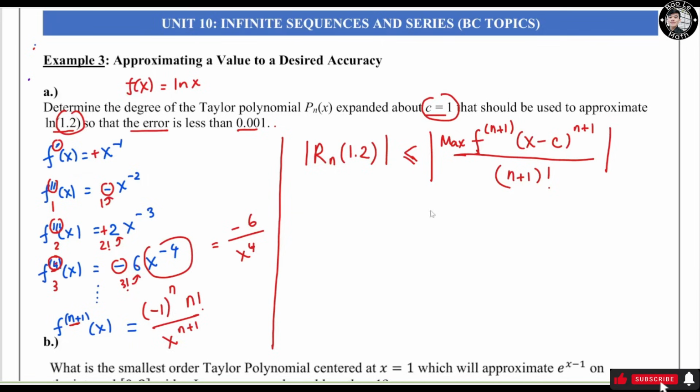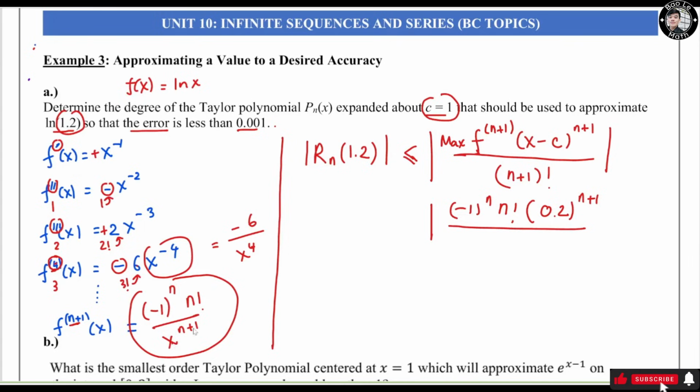So we have the absolute value of the maximum of this one. This will be negative 1 to the n times n factorial, times s minus c, which means 1.2 minus 1 is 0.2, raised to the n plus 1, over s to the n plus 1.